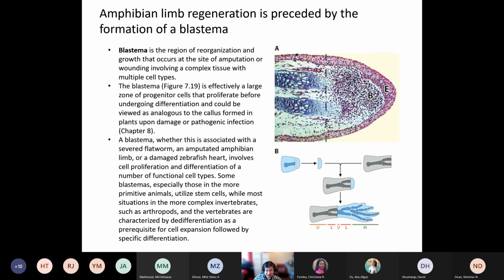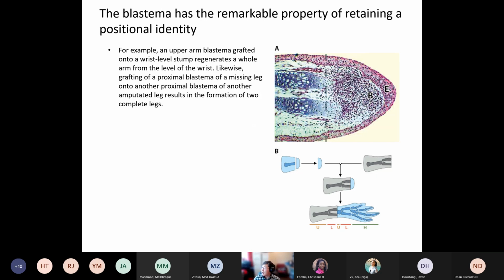Blastema cells are amazing. They have a remarkable property: they retain positional identity. Here is one example. Let's look at the B part of the experiment.